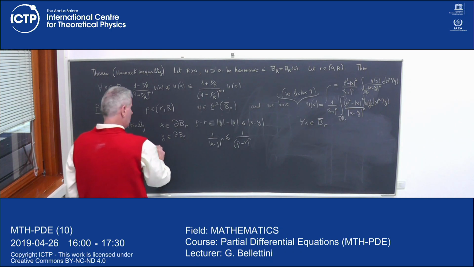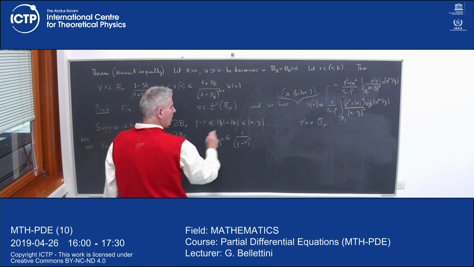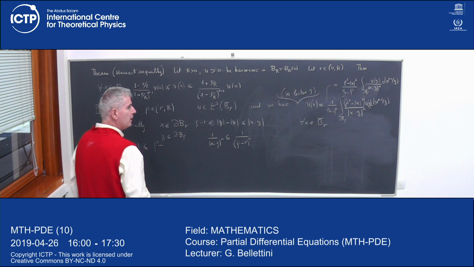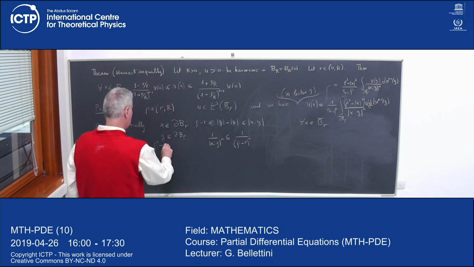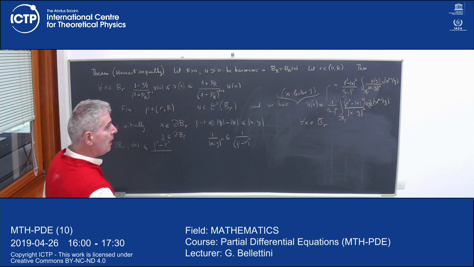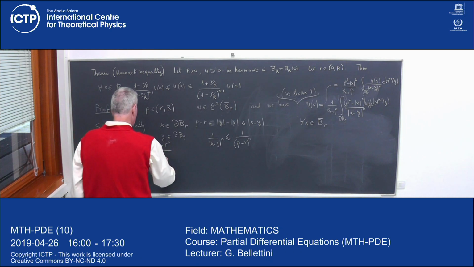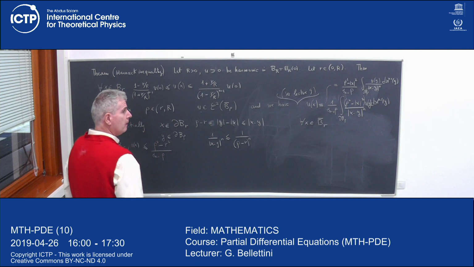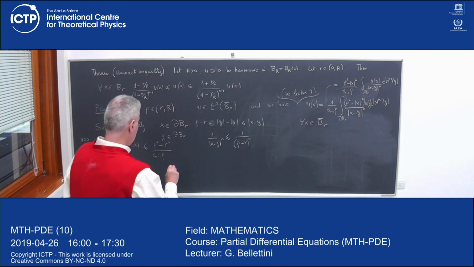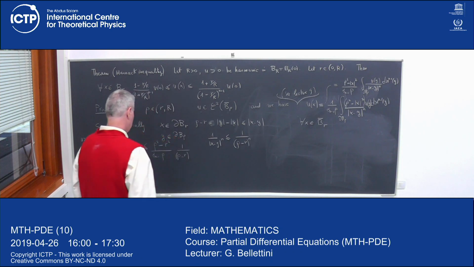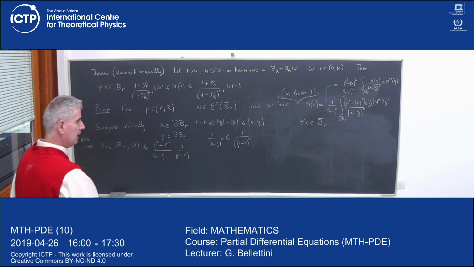So we have rho squared minus r squared, divided by sigma n minus 1 rho, divided by rho minus r to the n.